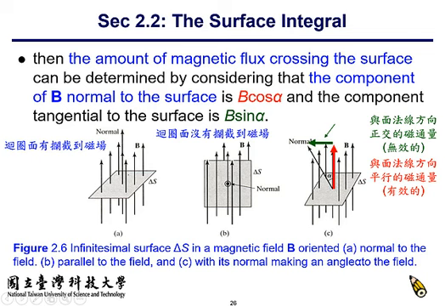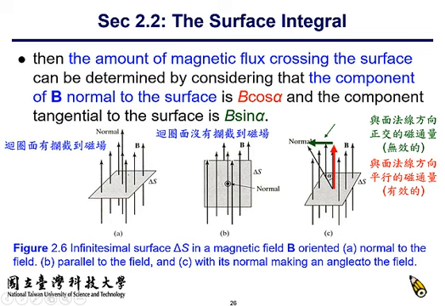So in other words, if the surface normal direction aligns with the field, then you include all the field.